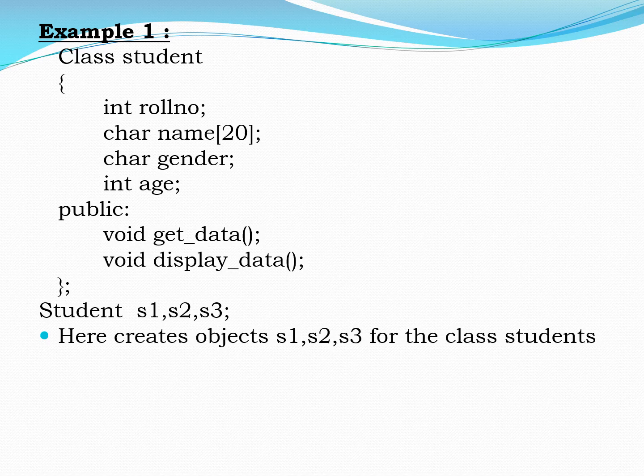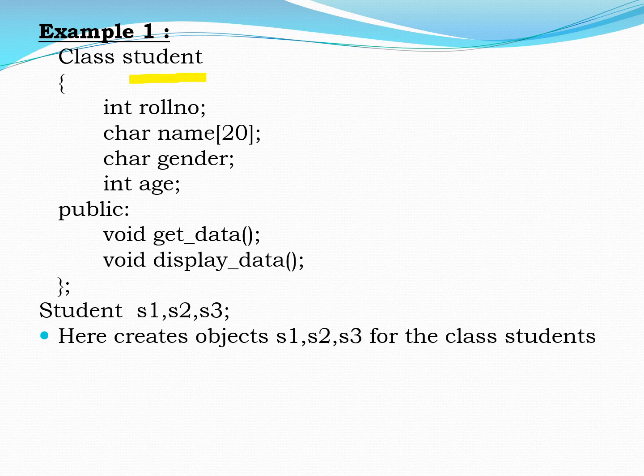After seeing the general syntax of how to create an object, how to access an object's data members and how to access member functions, we'll see a small example in which we have created a class called student.